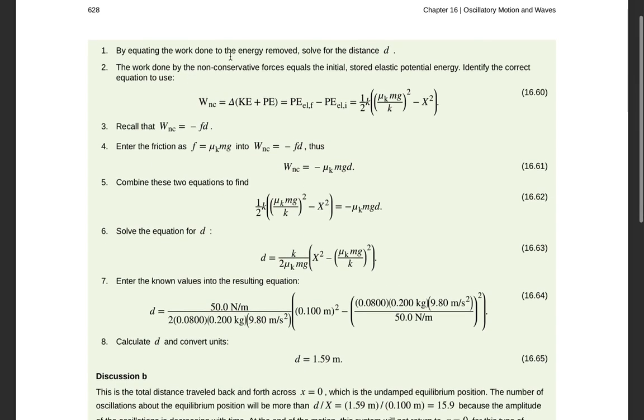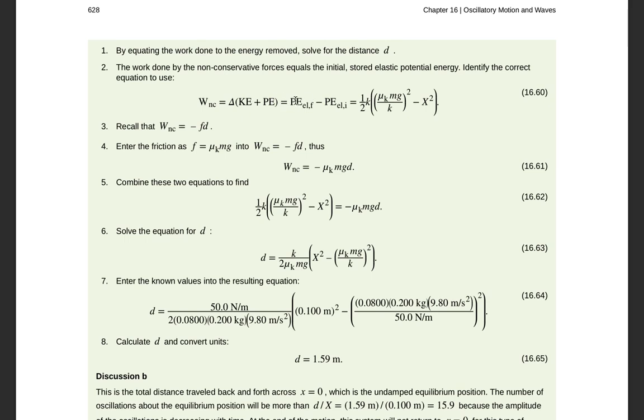So by equating the work done to the energy removed, solve for distance d. So we have the work done by non-conservative forces equals the initial stored elastic potential energy. Identify the correct equation to use. So for work that is non-conserved, we have this equation that we went over in the previous chapters.